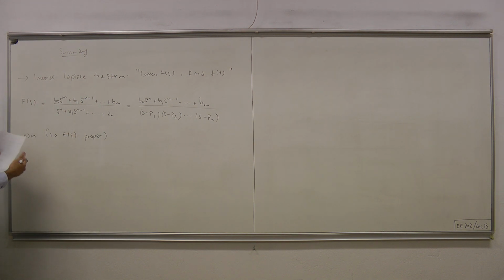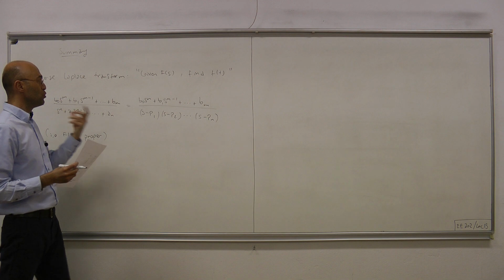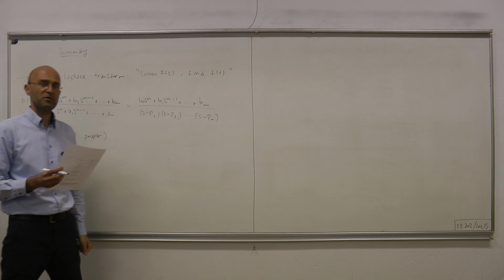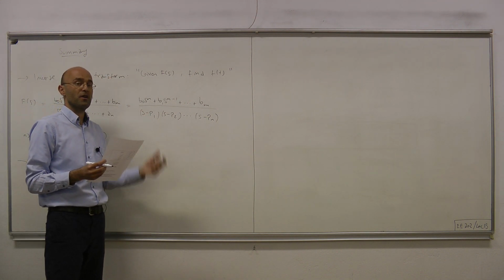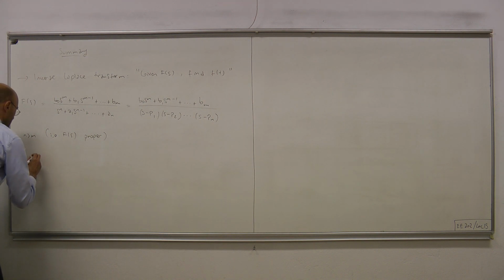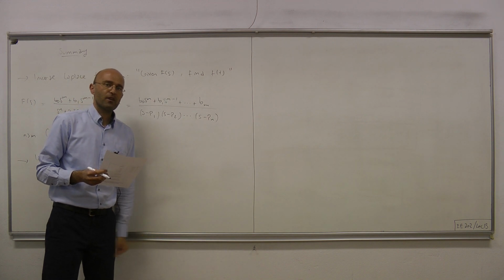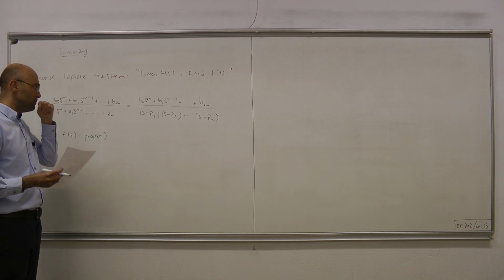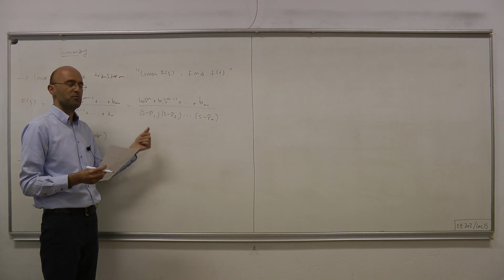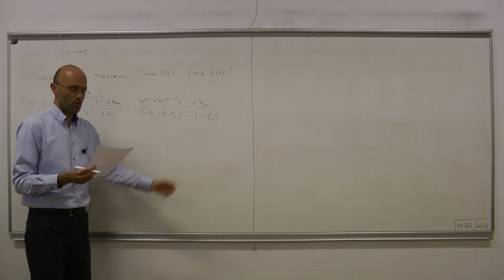Now, for a proper F(s) whose poles are simple, that is, whose poles are not repeated, we saw that this can be written as a sum of n first order terms, namely k1 over (s - p1) plus k2 over (s - p2), and so on.